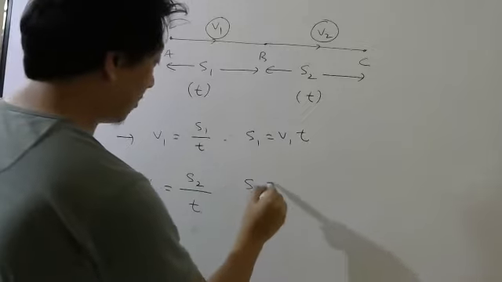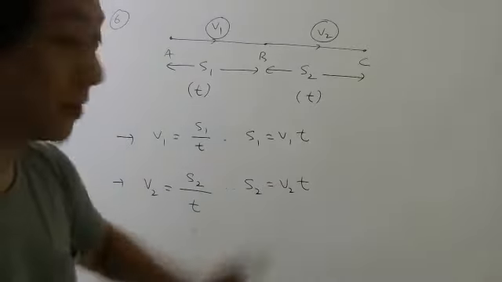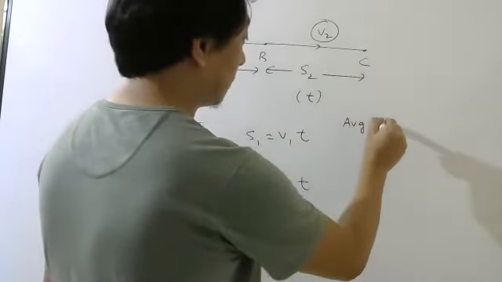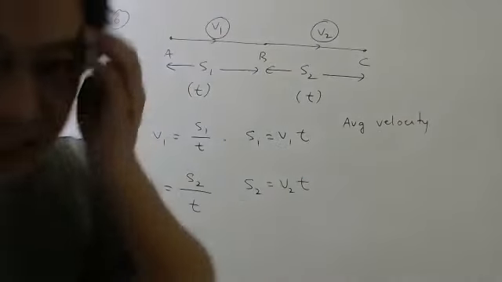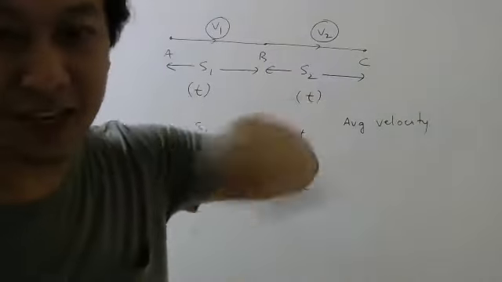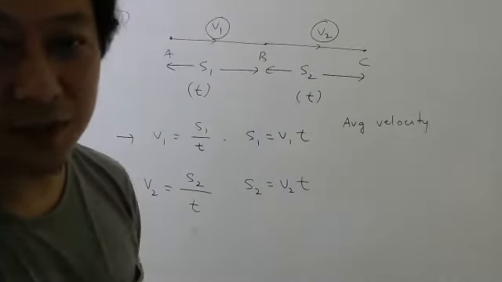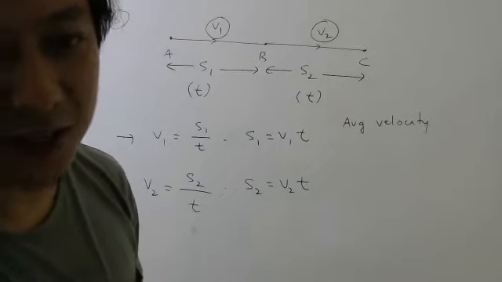So displacement will be velocity into T. Cross multiply. Then they asked average velocity. Here, whether it is speed or velocity, it doesn't matter because it is moving in a straight line without changing direction. So no need to worry about the difference between displacement and distance, velocity and speed.